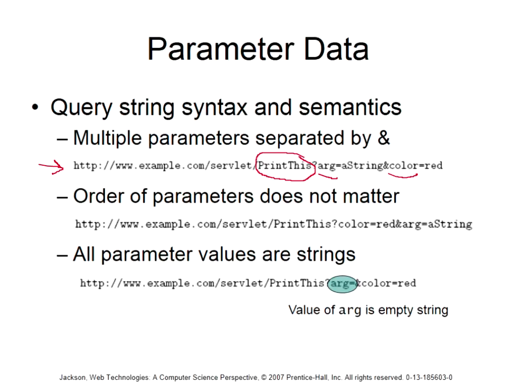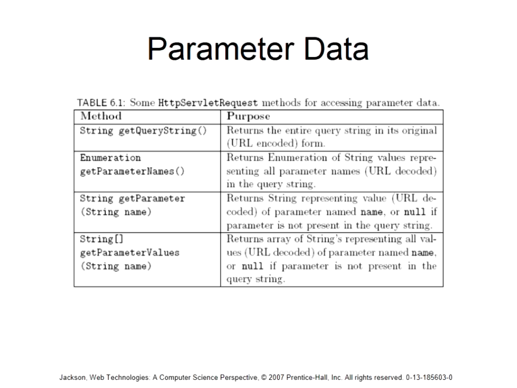In this example, if we use getParameterNames, we will obtain arg and color. getParameter returns a string representing the value of the parameter named name, or null if the parameter is not present in the query. And getParameterValues returns an array of strings representing all values of the parameter named name, or null.